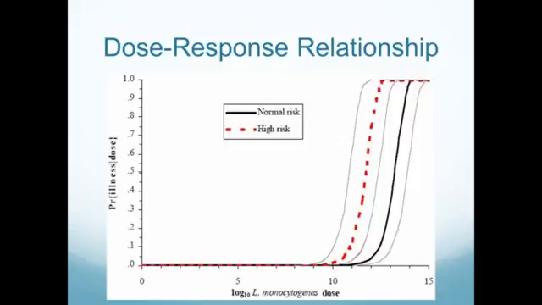Obviously, if you give a sufficient dose to a healthy person, they will contract listeriosis, but it's much higher because of the immune system. And so what we have in this dose relationship is the probability of causing illness, 1 being absolutely certain, 0 being unlikely, and therefore we can figure out, well, this is the sort of dose that we have to consider as dangerous. And we can then tie this back into microbial criteria, and also when we're doing our growth prediction models, what we have to avoid. Obviously, if we go up to 10 to the 10, that's when things get a bit dangerous.